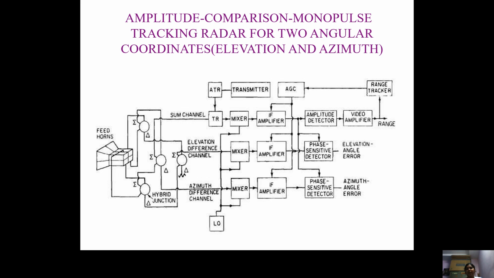The sum pattern is combined with the difference pattern in one plane to detect the elevation angle error, and the sum pattern is multiplied with the difference pattern available in the orthogonal plane to generate the azimuth angle error. Two orthogonal planes, in the sense they lie in two different coordinates.